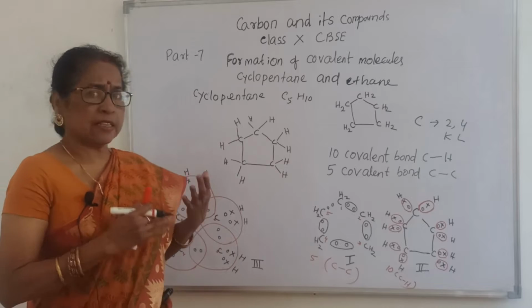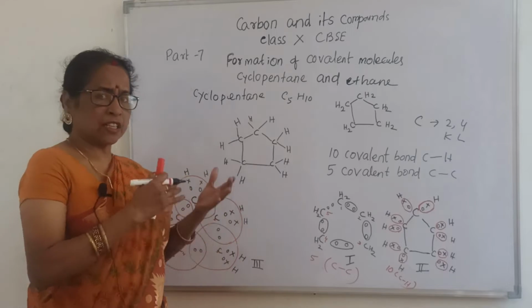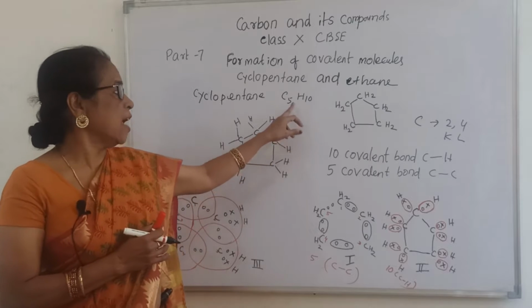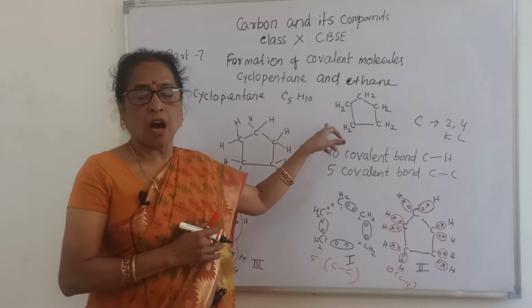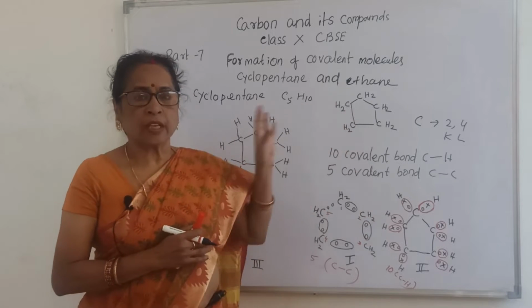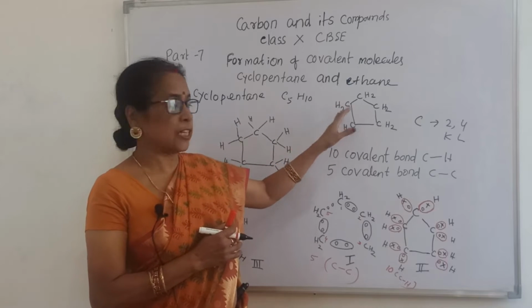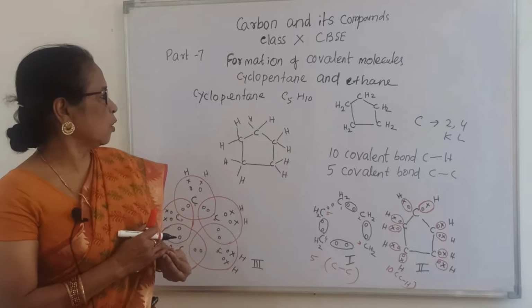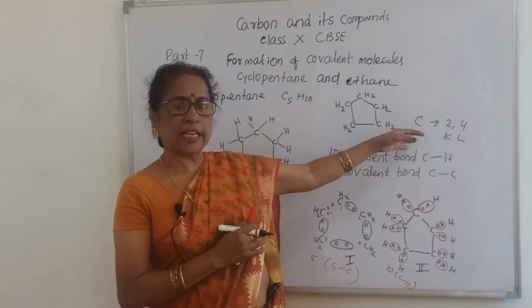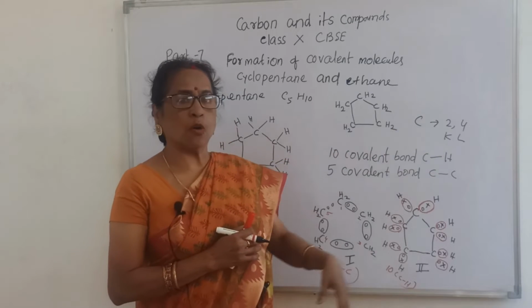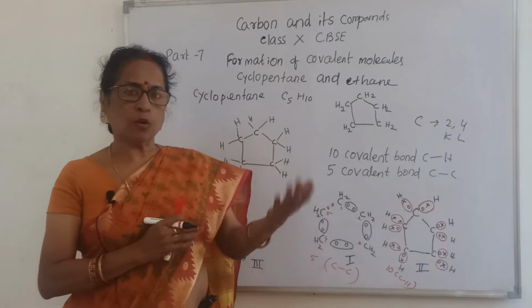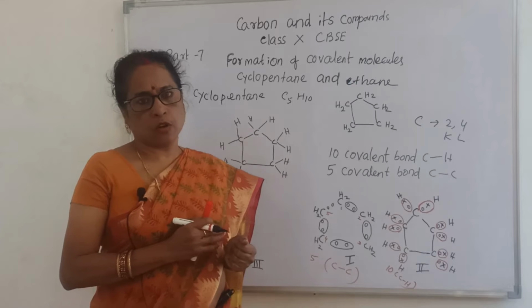When you want to draw the cyclopentane structure, first you should remember the formula of cyclopentane and what its structure is, that means how many hydrogens and how many carbons are present. Here also, carbon has shells K and L; K occupies 2 electrons, L occupies 4 electrons, so the outermost shell has 4 electrons.